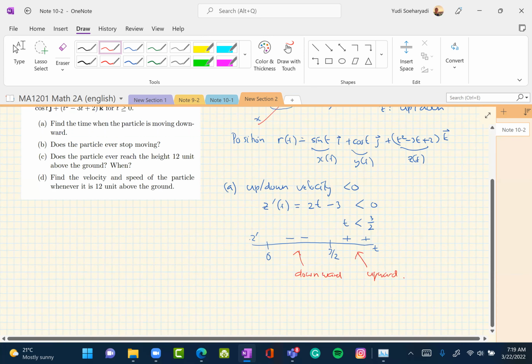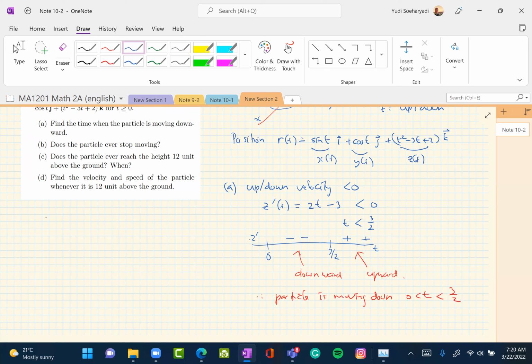So that's basically the question: find the time when the particle is moving down. The particle is moving down for t between 0 and 3 halves.